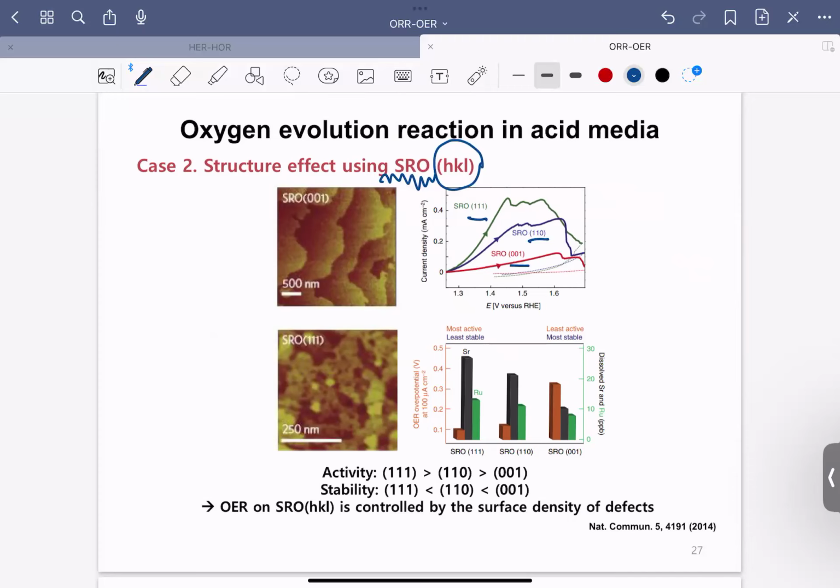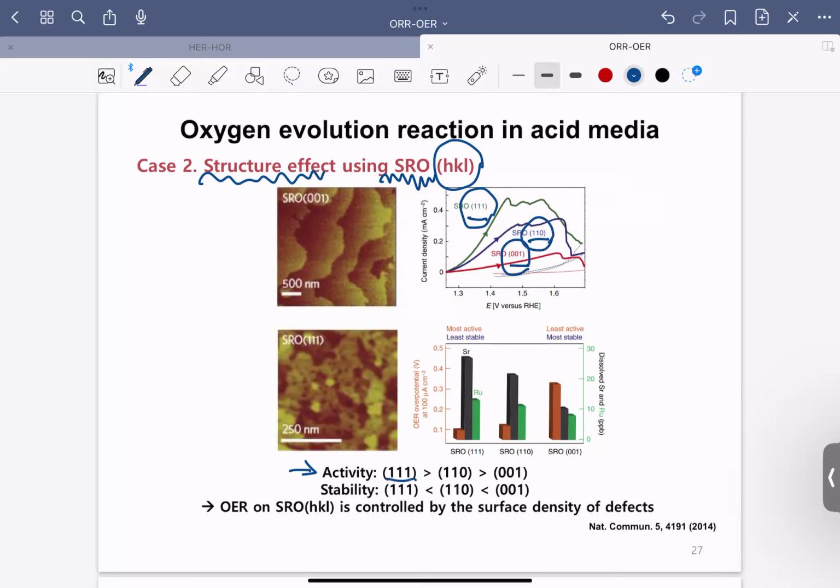So please keep in mind that the purpose of this study is to figure out the structural effect on the activity and the stability, right? So we would like to discuss the results directly. As you can see, the highest activity is the strontium iridate 111, followed by the 110 and 001.